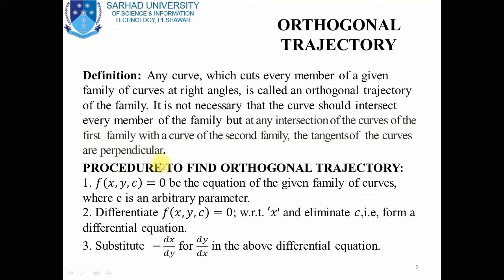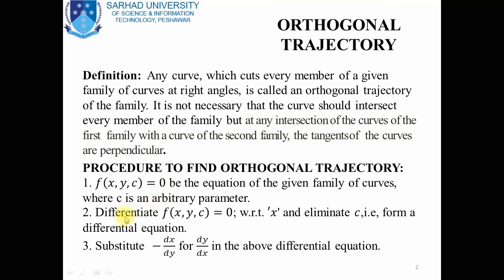Now the procedure to find an orthogonal trajectory, as I have already told you in the previous video lecture: we have an equation of the family of curves f of x, y and c equal to 0, where c is an arbitrary parameter.